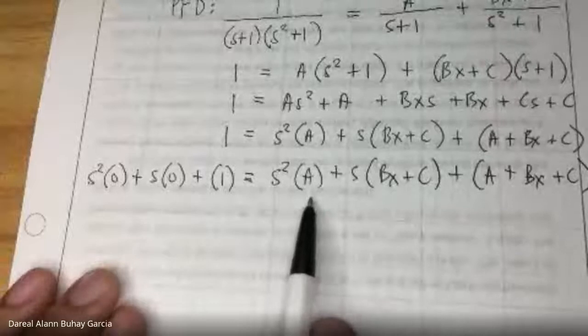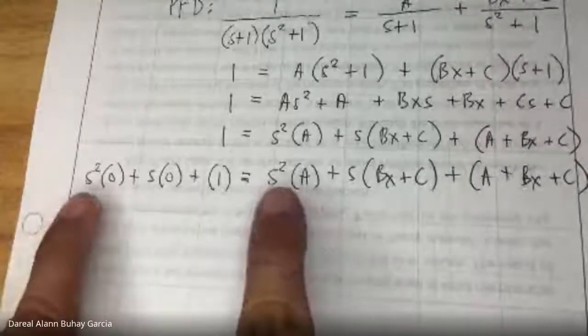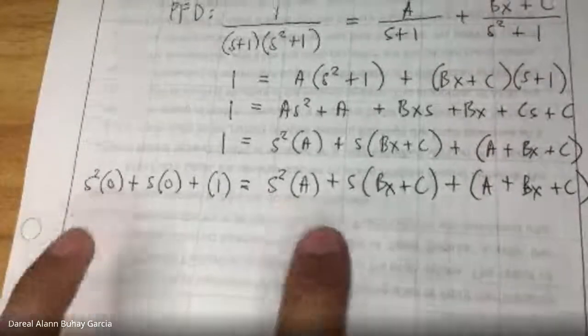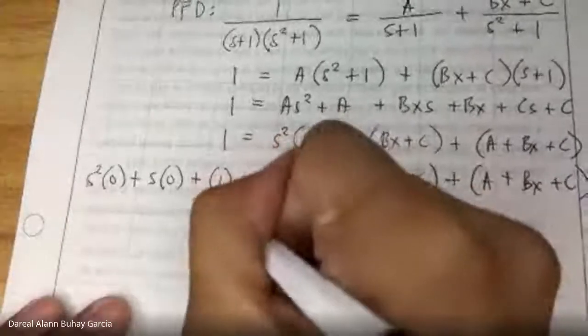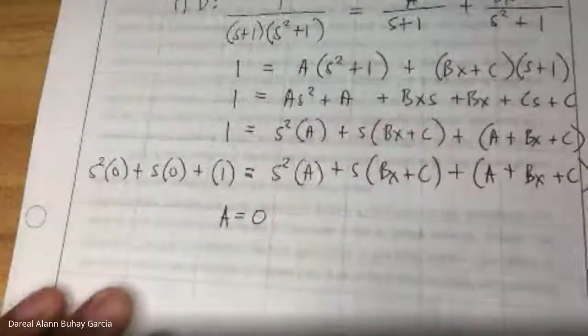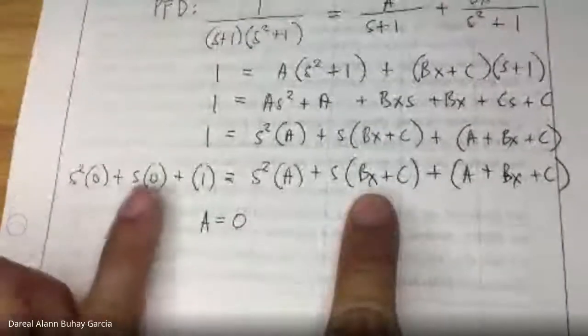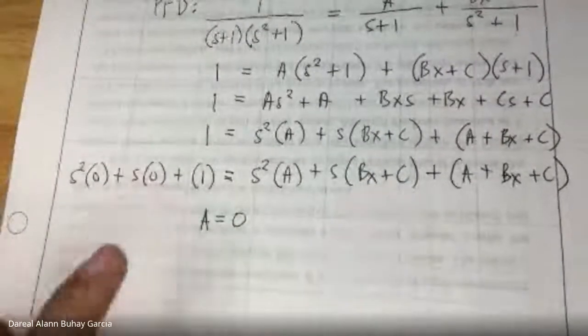So A is equal to 0. We equate the s squared coefficients. A is equal to 0. Bx plus c is equal to 0.